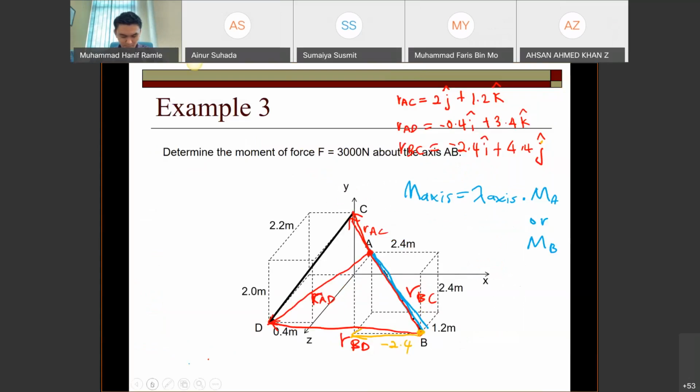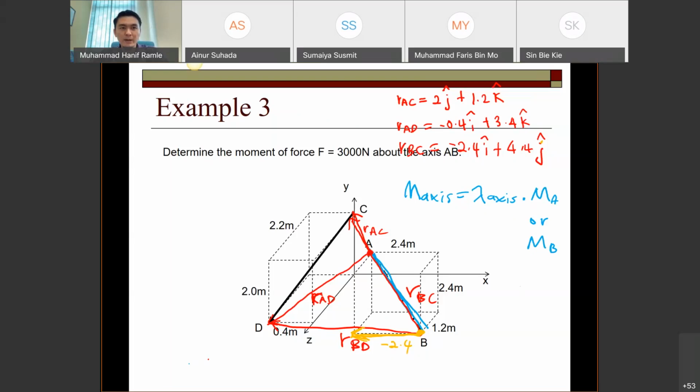Yes, doctor. Okay, great. So the thing that I just showed you is the line, the orange line there. Okay, from B to C here. The magnitude is 2.4, but the direction is negative because it is coming from right to left.